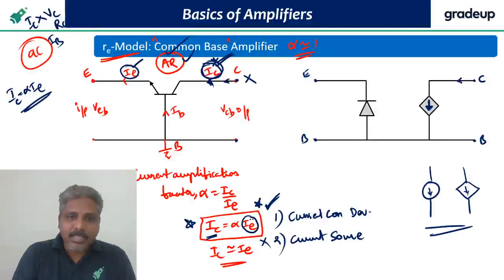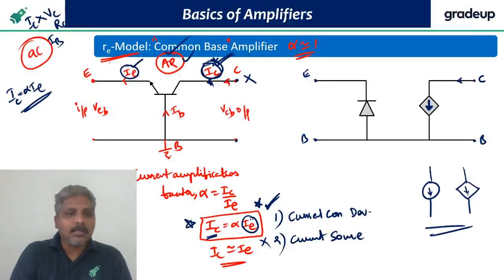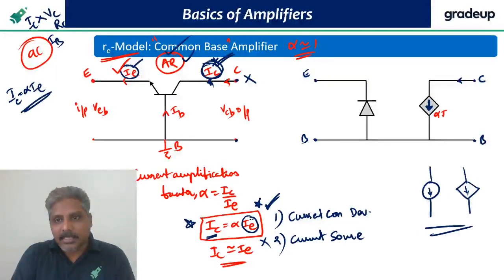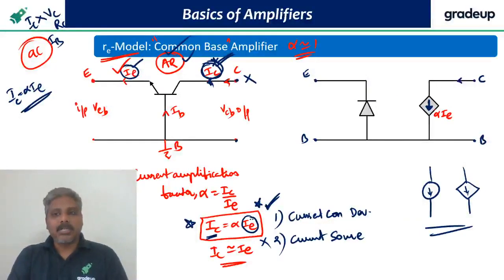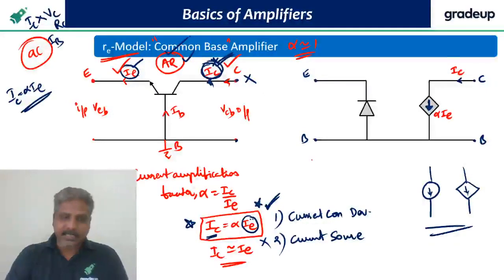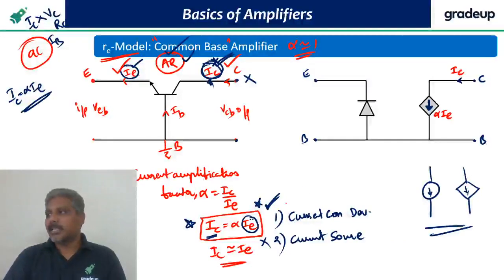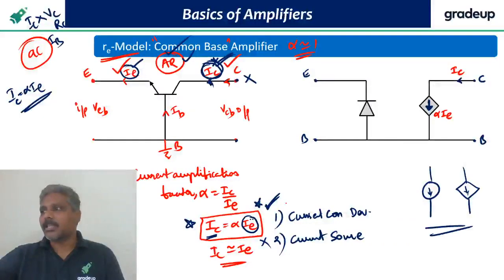Because the current flowing here is like a source, but it is not independent. It is depending. Depending on what? Depending on IE. How much? It is alpha IE. Is it correct? What is this current? IC. So the current flowing in the collector is like a source whose value equals alpha IE.